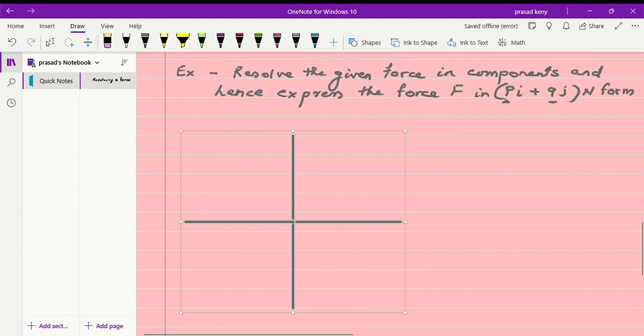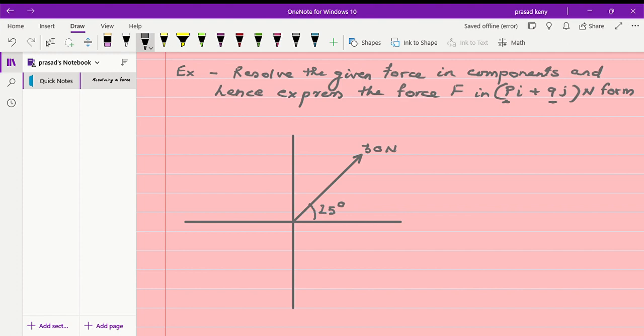So a force of 30 Newton is acting in the first quadrant and it is making an angle of 25 degrees with the positive x direction.